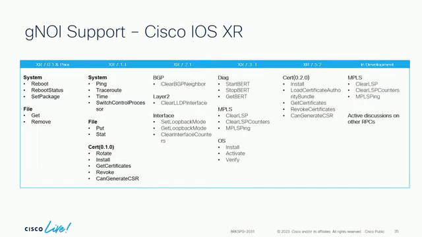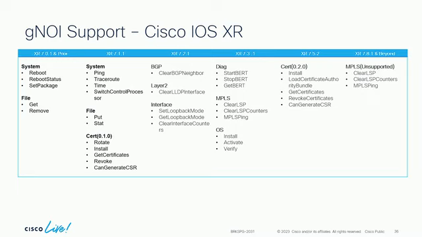So again, gNOI and gNMI are based on gRPC. And if the gRPC implementation is not proprietary, this would work across different devices, across different vendors. Again, you need to check if a specific RPC is supported for a specific release and specific vendor, but the idea is, if it's supported, it will be available across the whole landscape of the router ecosystem.